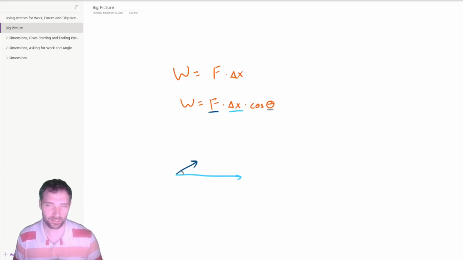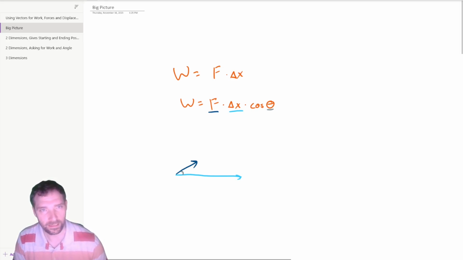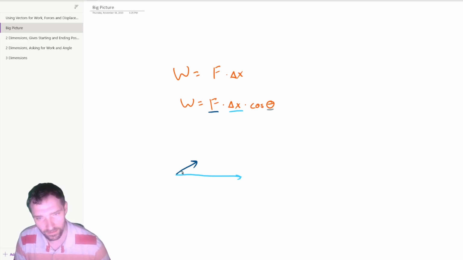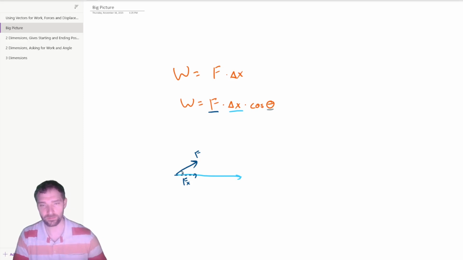But it really depends on how much of it is in line with the x-axis movement. So if these two have a small angle, then the force vector component, maybe this is force and this is force along the x-axis as a vector, that is going to be a bigger thing if this angle is smaller.